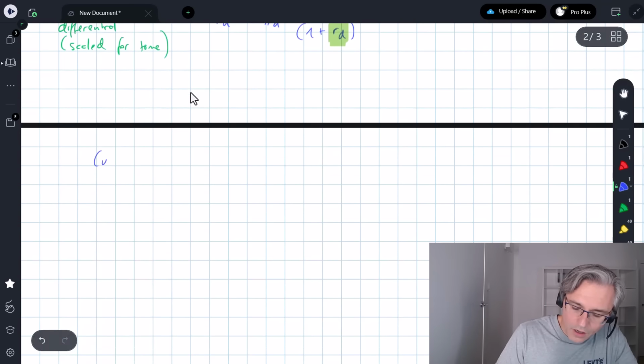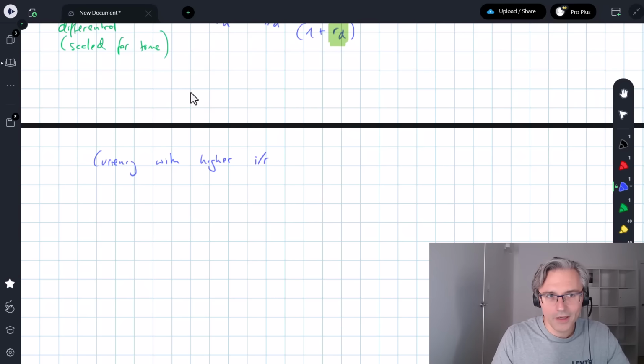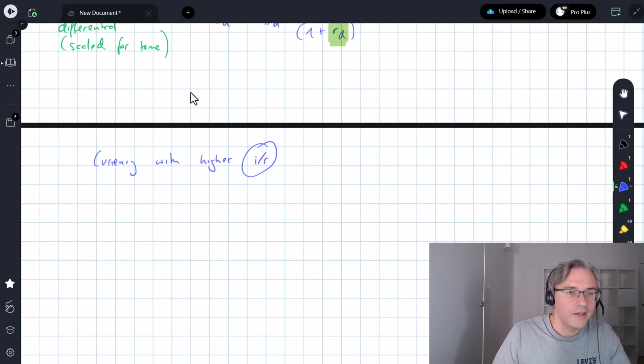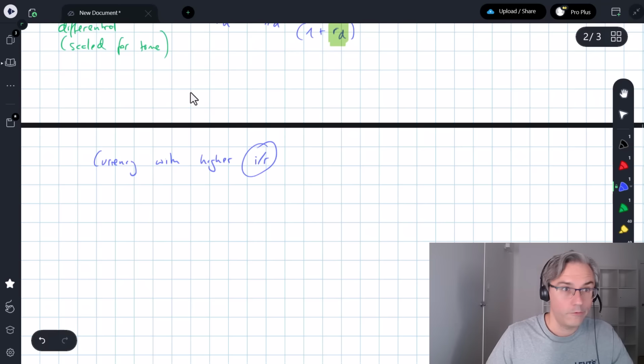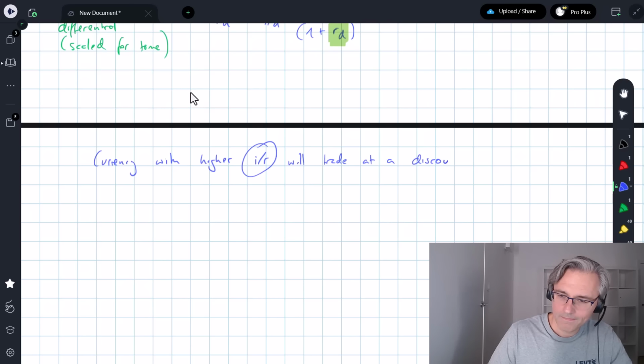So the currency with the higher I over R, this is my way of abbreviating interest rate. I've been using it for ages, so you may actually start doing it as well, because it's a nice way of doing it. I over R means interest rate. The currency with the higher interest rate will trade at a discount in the forward market.